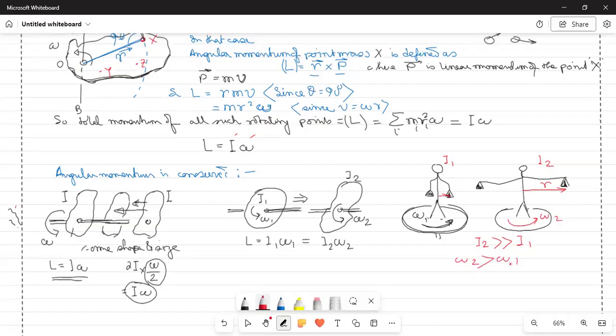That means when you spread your hands wide apart, your speed becomes slower. And if you bring your hands very near to your own body so that the moment of inertia lowers, your speed will automatically go up. Why? Basically, in both cases, the angular momentum L has to remain the same. In order to keep the angular momentum the same, this will happen.